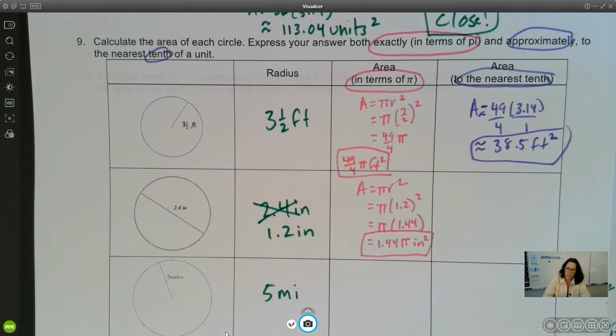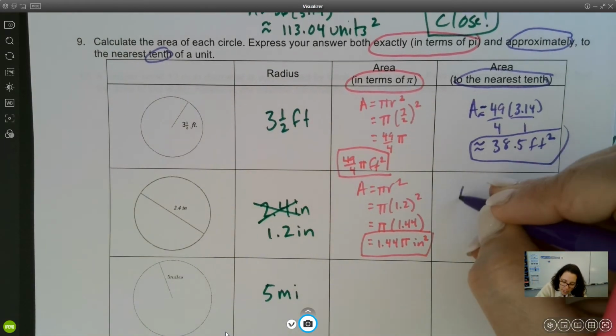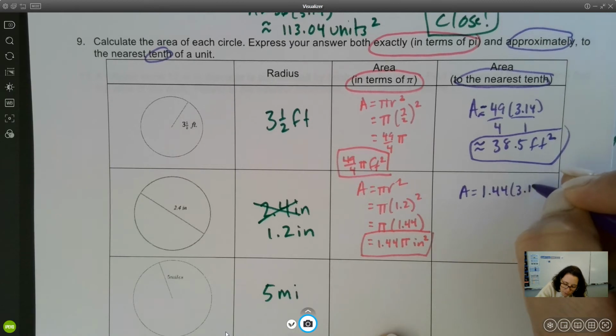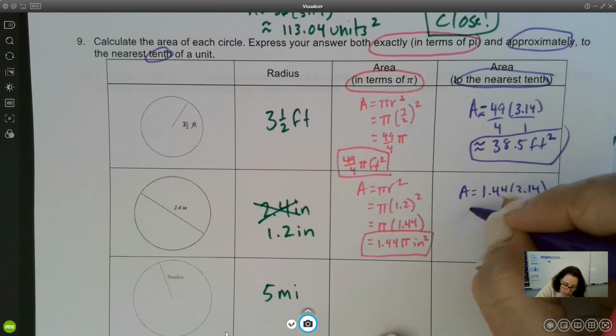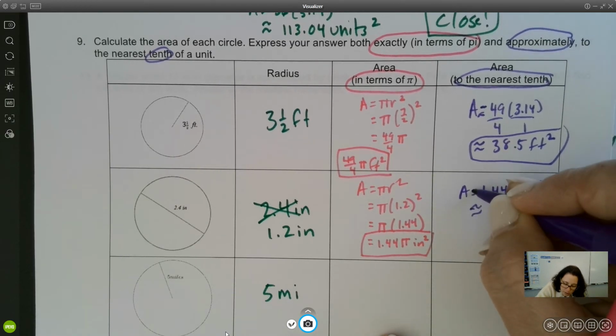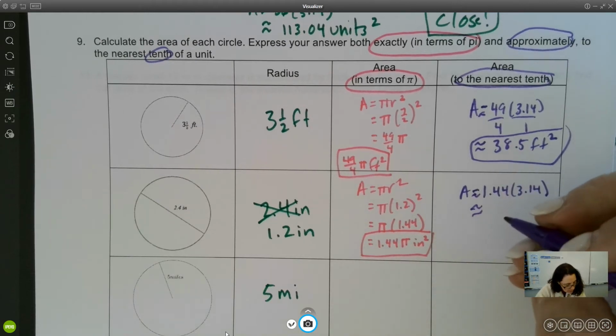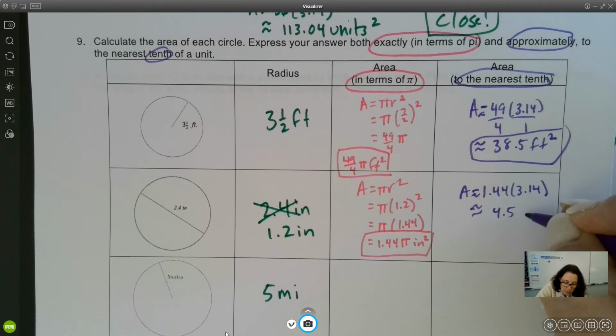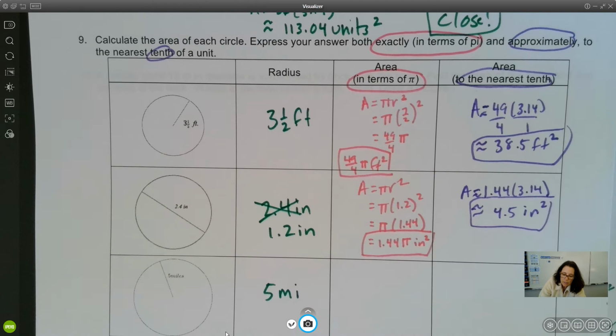Cruising over to my purple color, you're going to have 1.44 times 3.14. And that comes out to be, this is roughly because we're approximating, to the nearest tenth, 4.5, and we are in inches squared. Okay, please notice that there is no pi symbol left in this answer, but there is in this one.